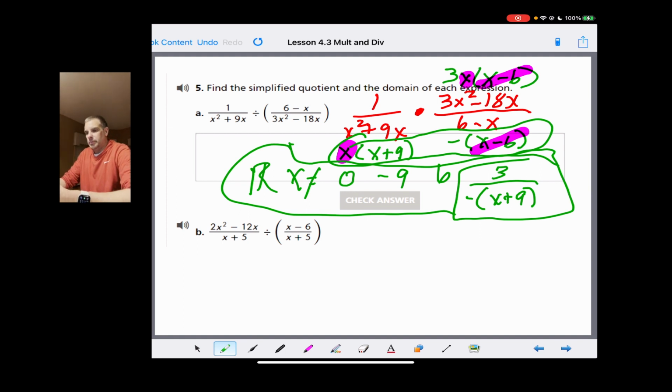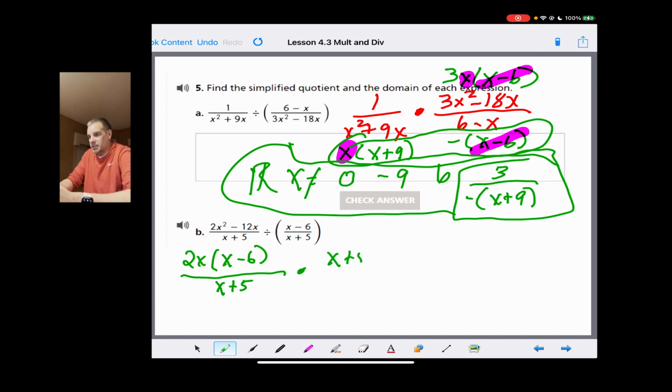Okay, let's go down to part B. This time I'm just going to factor them right away. So 2x squared minus 12x over x plus 5 divided by that. So I'm going to factor the first one so I can take out a 2x. If I take a 2x out, that leaves me with x minus 6 over x plus 5 times, I've got to flip this, so x plus 5 over x minus 6.